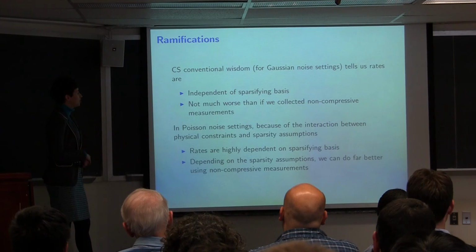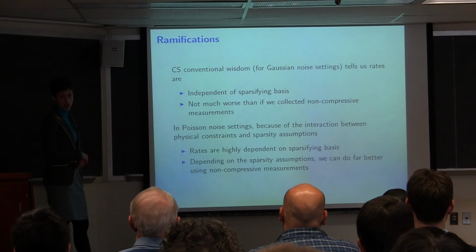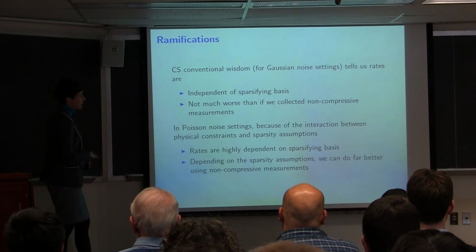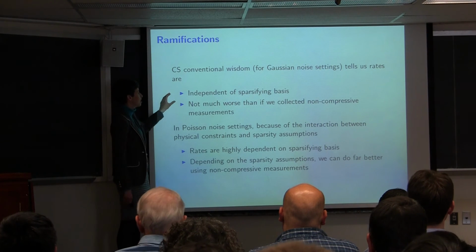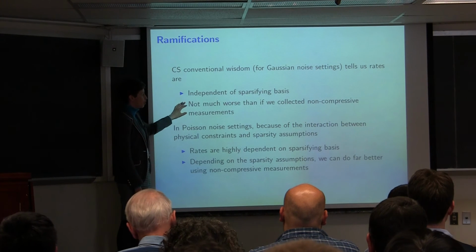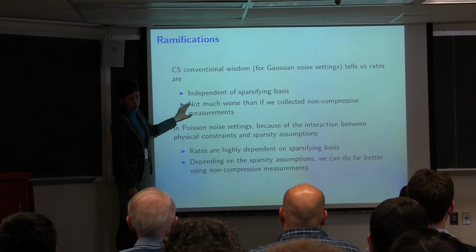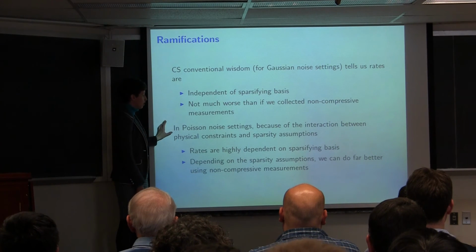Okay, so this is just a recap of some of the main ramifications that I mentioned at the beginning, but maybe they'll make a little bit more sense now that we've gone through all of this. The conventional wisdom says it doesn't matter what our sparsifying basis is, and we're not much worse off than if we knew where all the non-zeros were ahead of time. Whereas with Poisson noise, we really have neither of those things happening.